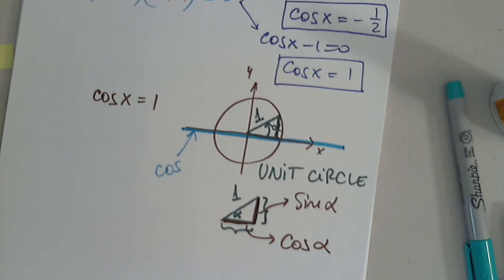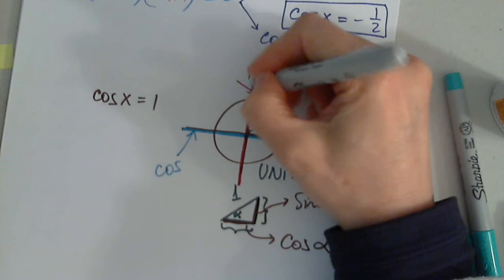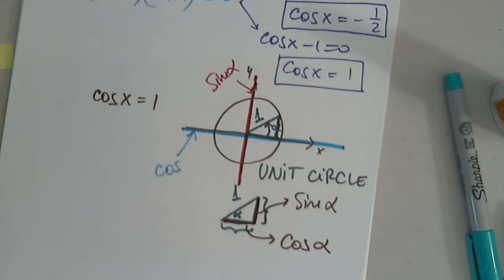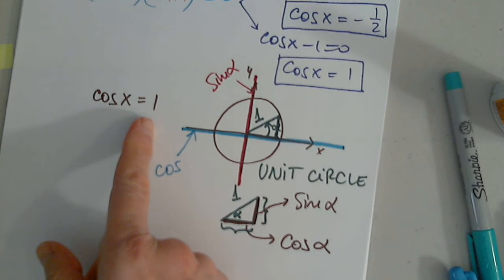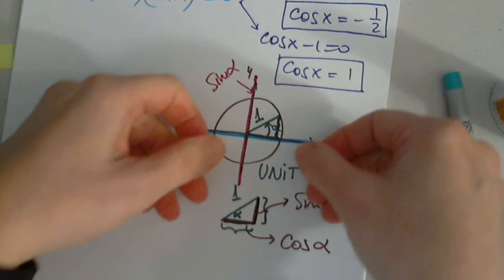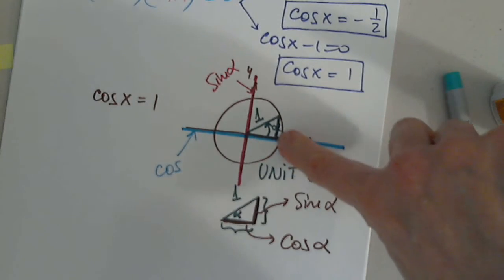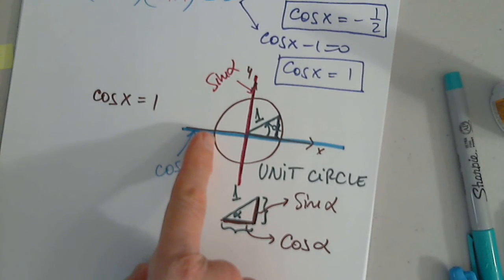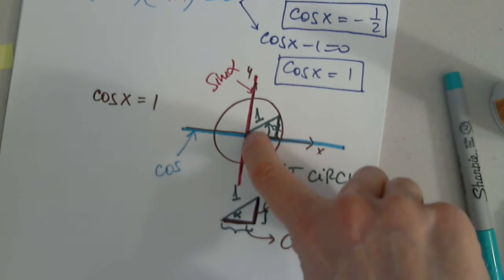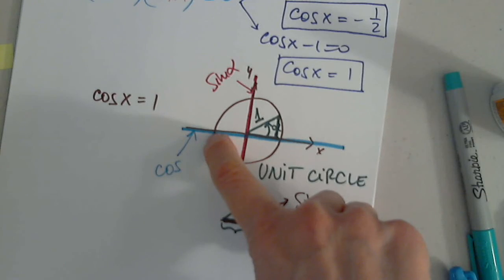Here on the y-axis, we measure sine. So where is cosine 1? Because we measure cosine on this axis, cosine 1 is here. Cosine negative 1 is here. Cosine 0 is here. So 1, 0, negative 1.